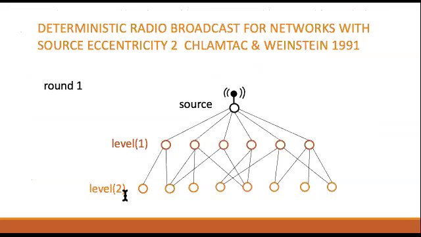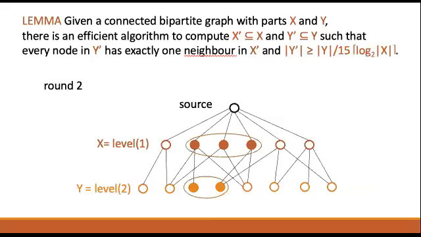Now we'll present Klamtak and Weinstein's algorithm for networks with source eccentricity 2. In round 1, the source transmits the source message M, and all nodes at level 1 become informed. In round 2, we apply the lemma where X is the set of nodes at level 1 and Y is the set of nodes at level 2.